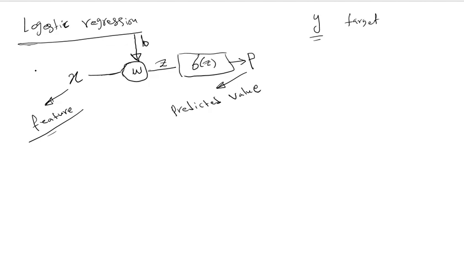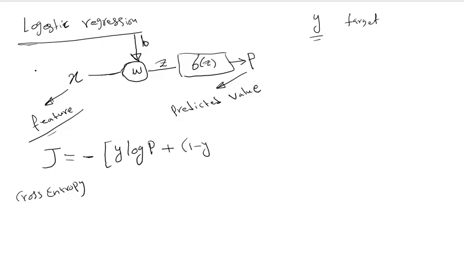And the cost function here is the cross entropy. We use cross entropy as a cost function for solving this problem, which is defined by minus y log p plus 1 minus y log 1 minus p.